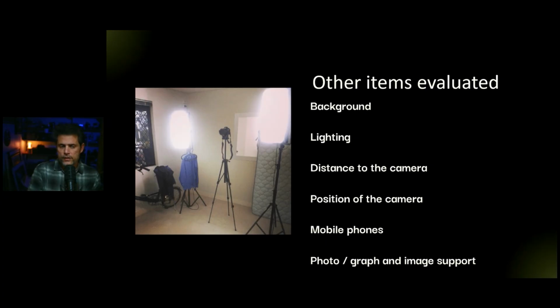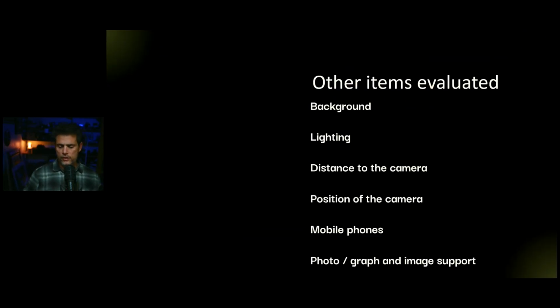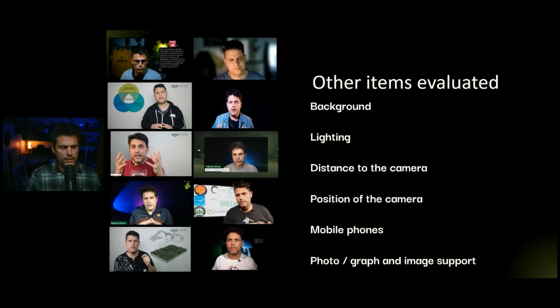I also tested different things like the type of background, black, white, lighting, distance to the camera, position of the camera, whether to use mobile phones or not, and whether images would be better to use, and other things. So I tried everything that you can imagine.